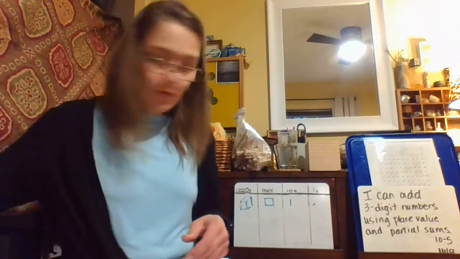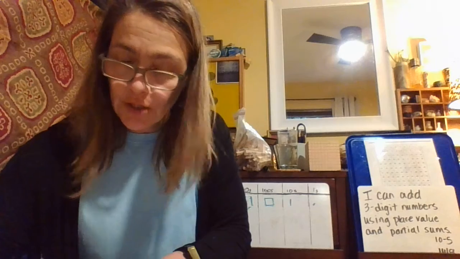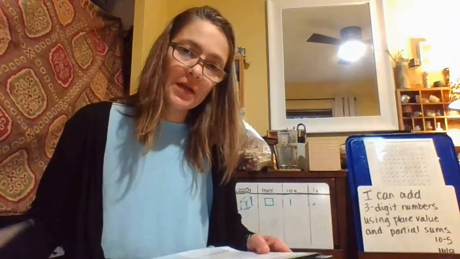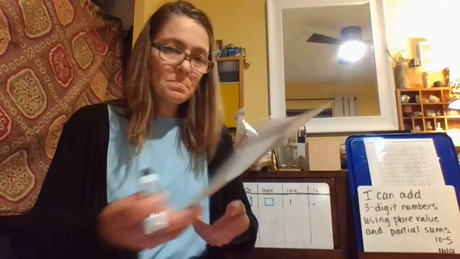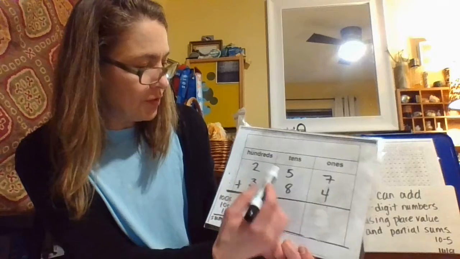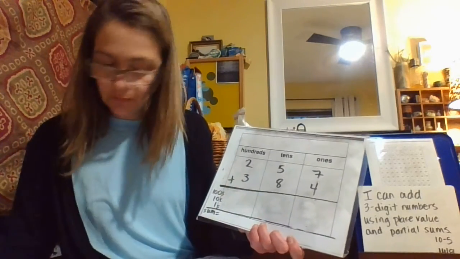Okay, so now we're going to go ahead to the visual learning bridge, and we have your place value chart, so get that ready or draw one. Okay, and they want you to add 257 and 384.